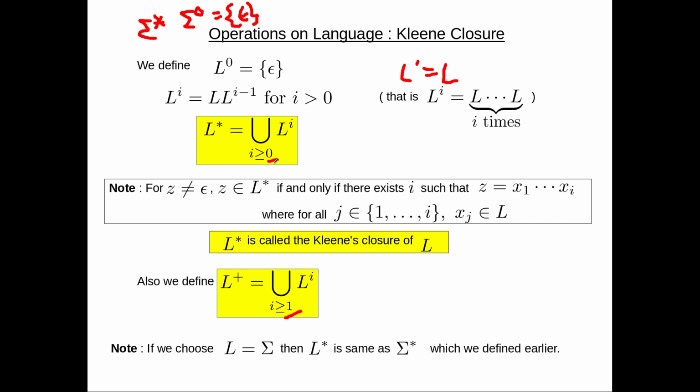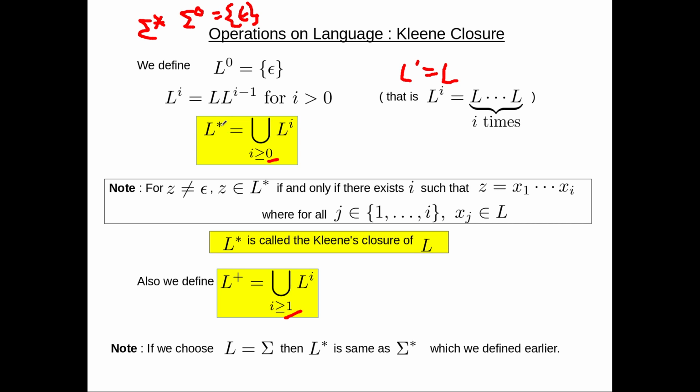Now, just to see this more directly, epsilon will be a part of L star, right? Because L star has L to the 0 as a subset, and L to the 0 has the empty string as an element. So the empty string is always a part of L star.